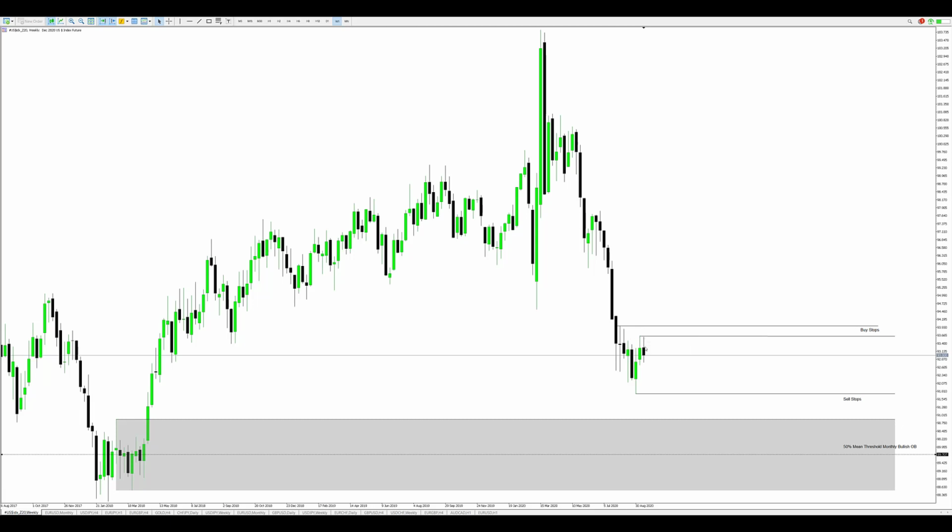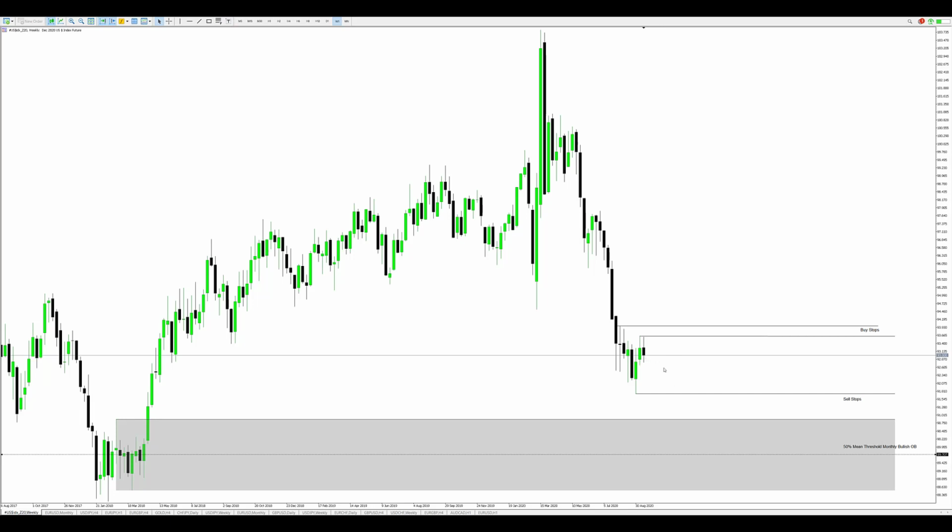Then we had a new high formed last week. We still have our buy stops above there. Then market rejected to the downside. So we've got this candle here, and in this bullish move, we've got bearish order blocks there on lower time frames, right?